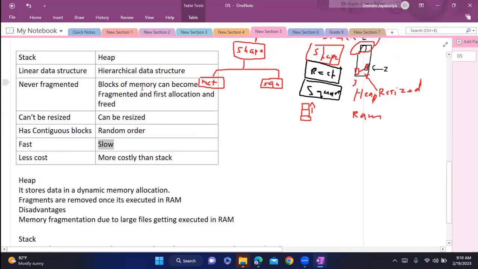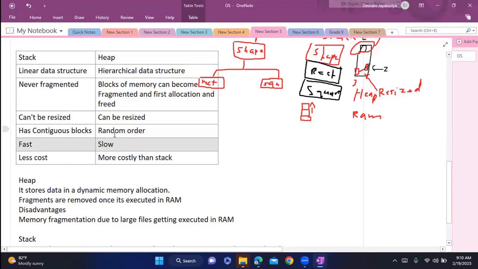Cost wise, this is slower. Please remove that, don't get confused.